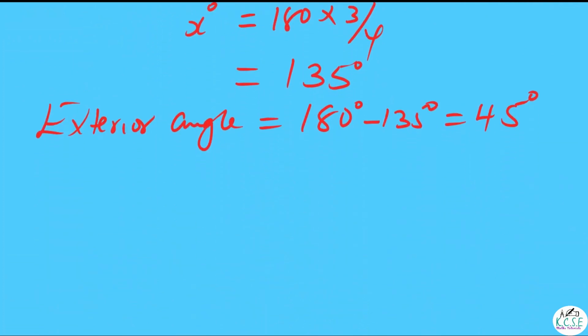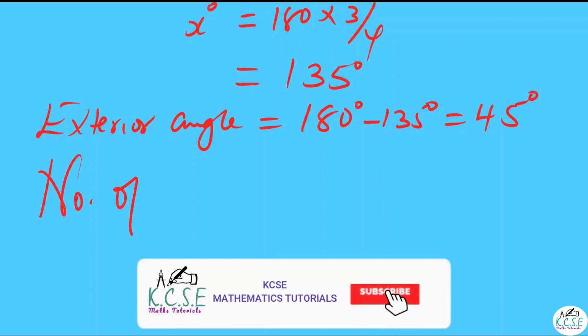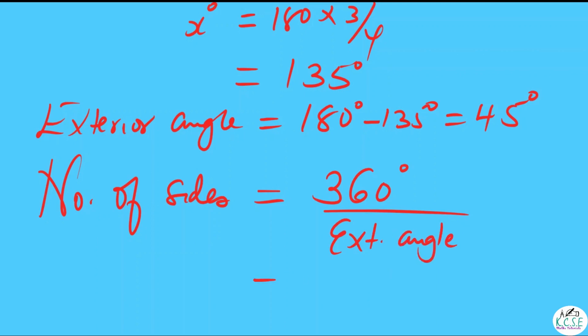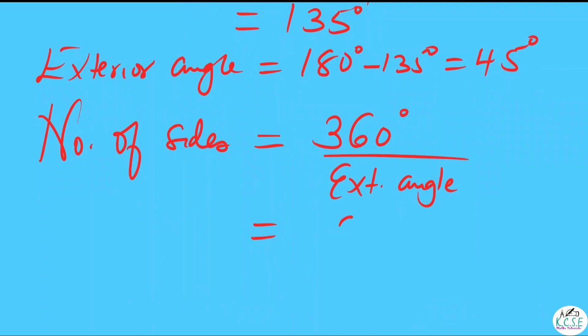Now we are required to get the number of sides of this polygon. The number of sides of a regular polygon is given by 360 divided by the exterior angle, and in this case we have 360 divided by the exterior angle, 45 degrees.